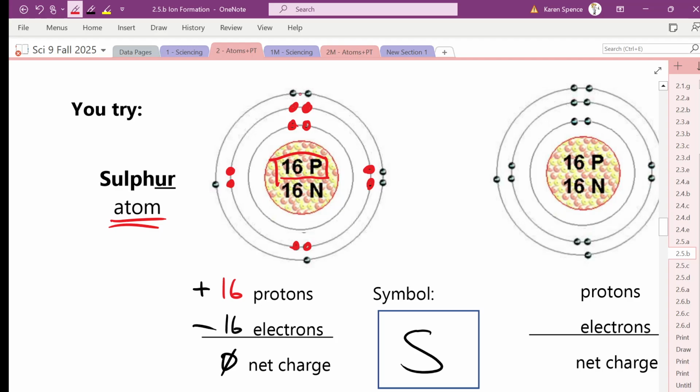Oh, that's full. 11, 12, 13, 14, 15, 16. How many gaps are there in that outer shell? There's 2 gaps. We got a gap here, and we have a gap here.